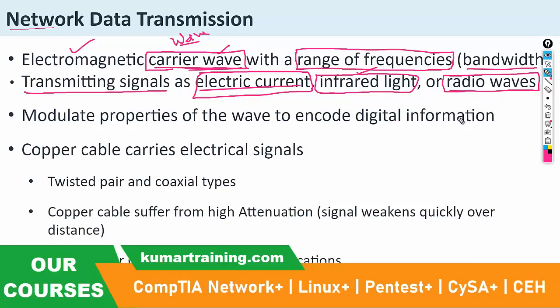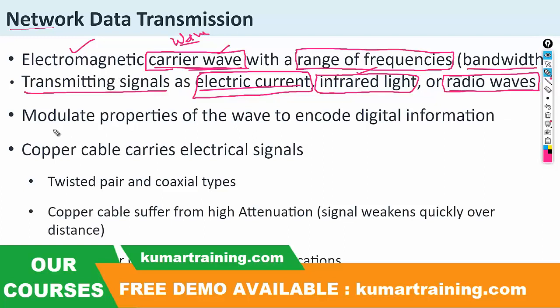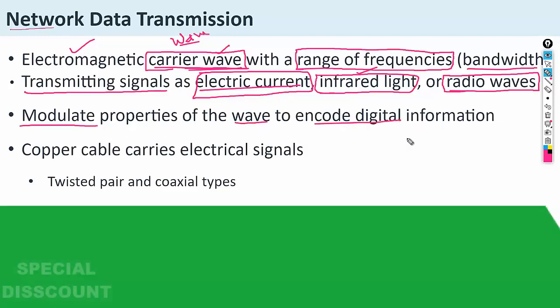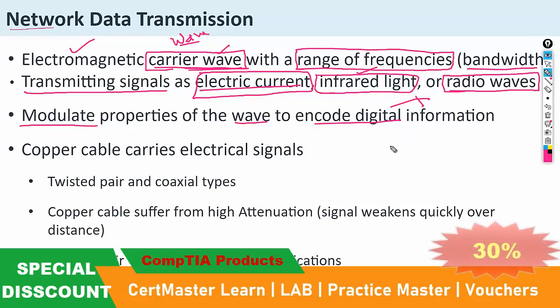Okay, now because this data is transferring in an electromagnetic form, it needs a modulation process, and in the modulation process the wave is encoded into digital information which is actually read by devices, computers or other digital devices.